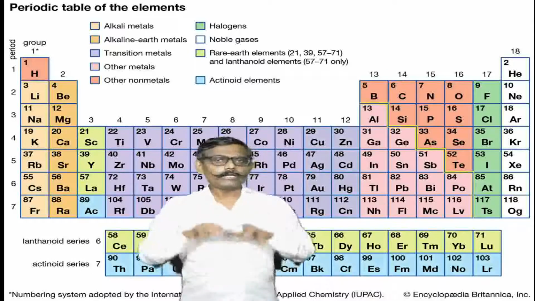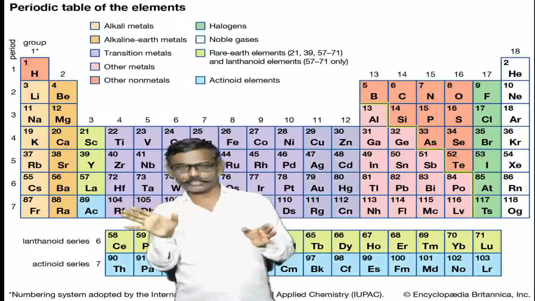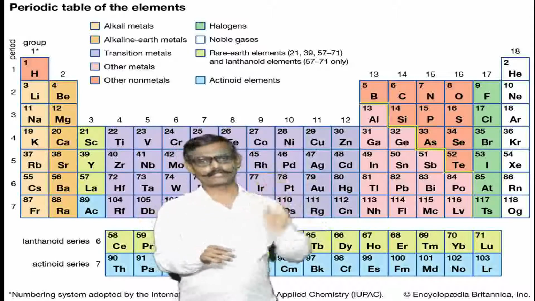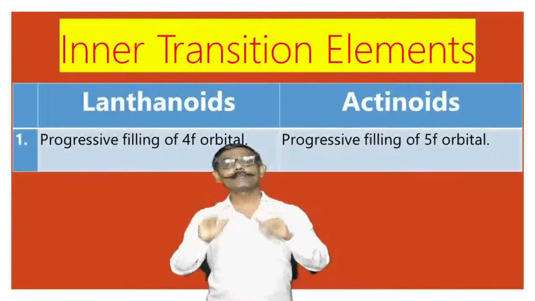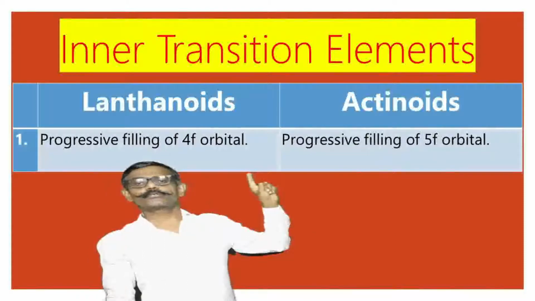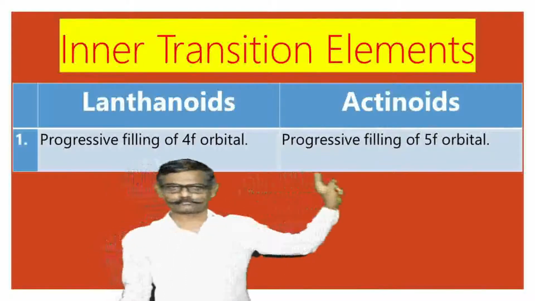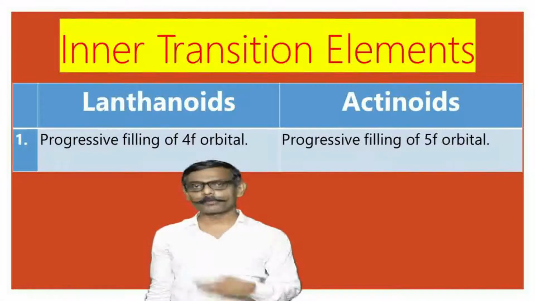Now let us compare the lanthanoids and actinoids. I will explain this comparison in 7 points. Point number 1: in lanthanoids, there is progressive filling of the 4f orbital; here, progressive filling of the 5f orbital.